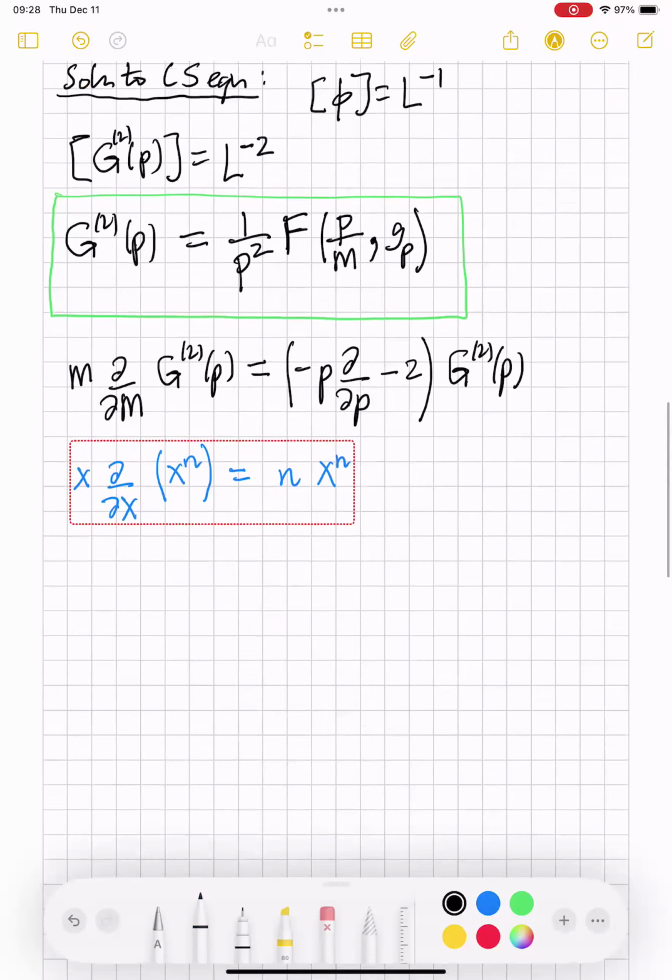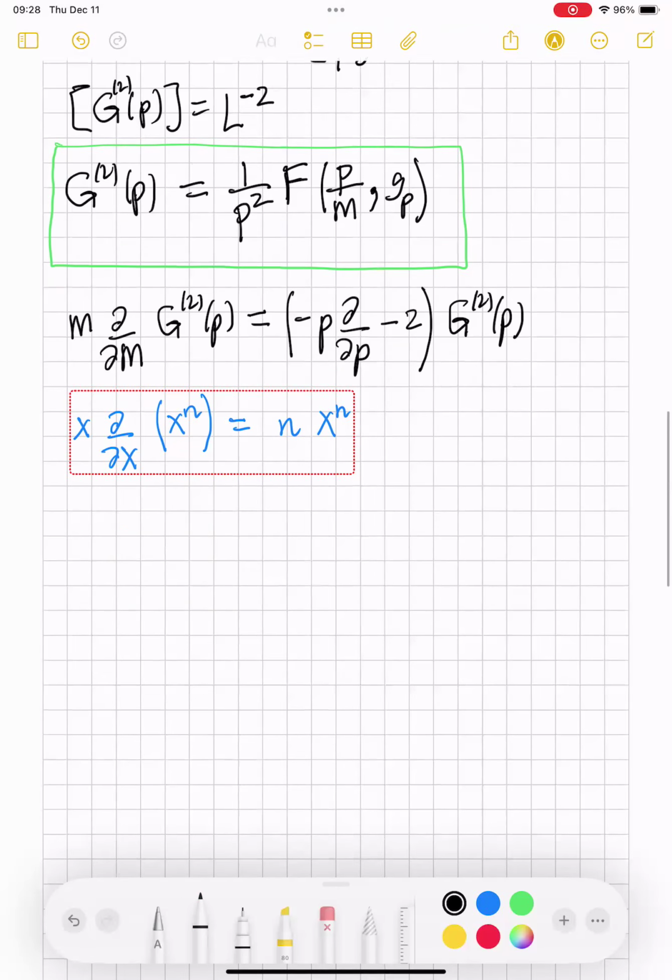So what I'm claiming is that the equation I've written in black under the green box just tells me that the number of p's is minus the number of m's, which is minus the number of p's minus 2. That's all that equation is saying, but you can also get it by calculus.